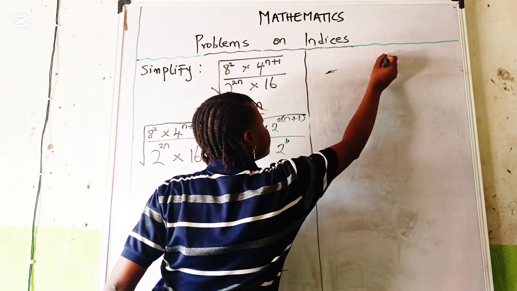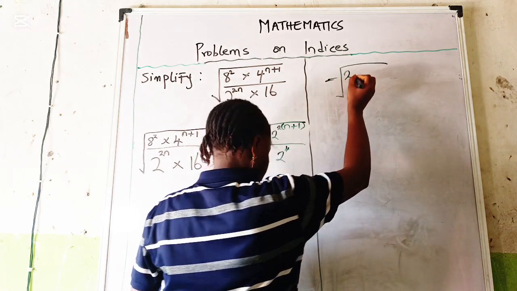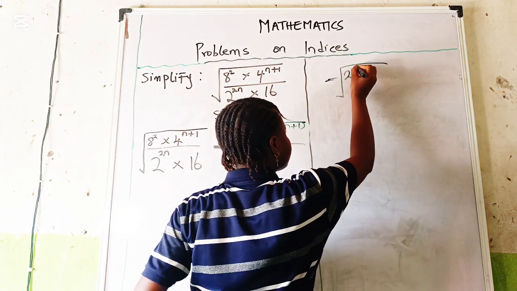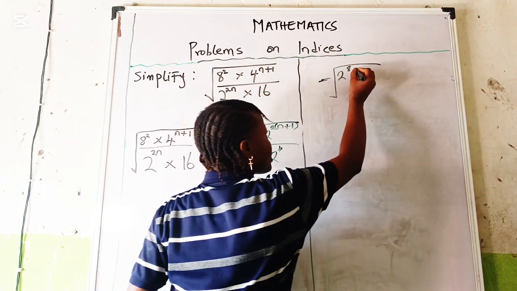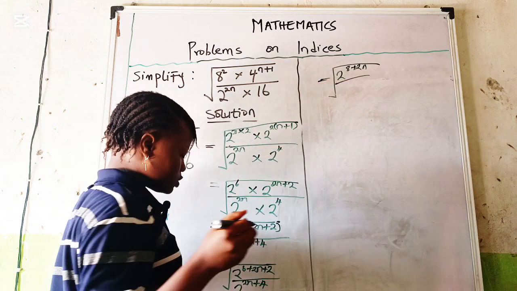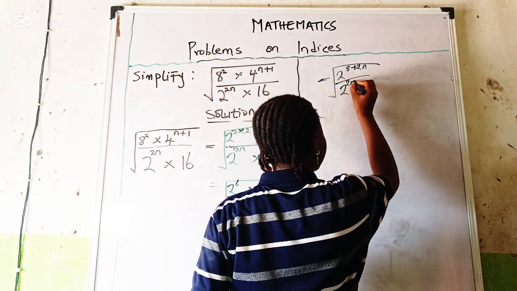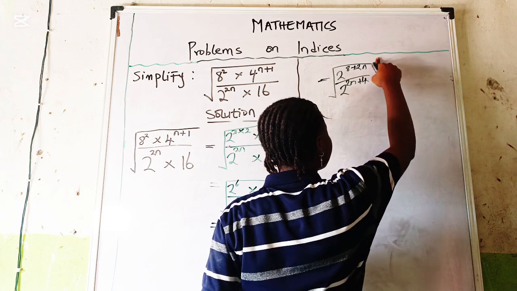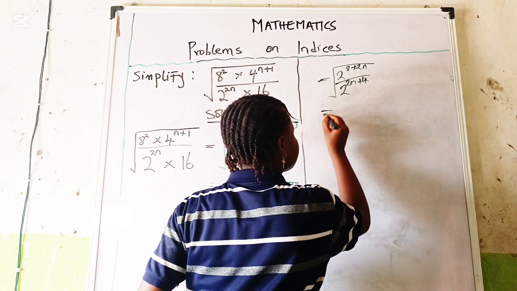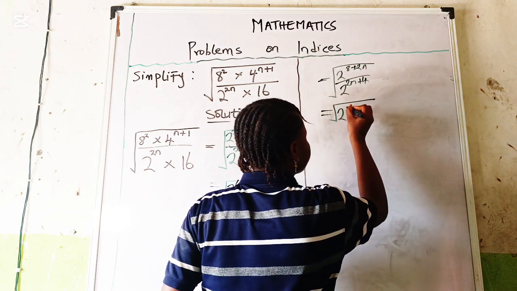Then equals to 2 raised to power 6 plus 2 will give you 8, plus your 2n, all over 2 raised to power 2n plus 4. Now you can apply the division law that says you write the base, then subtract the power.